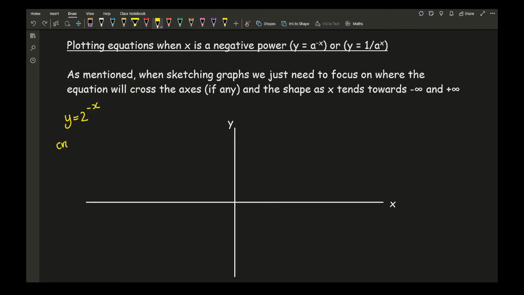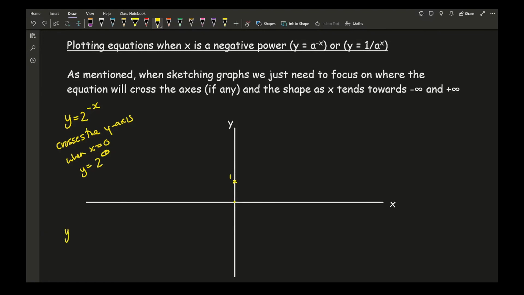It crosses the y-axis when x equals 0. So I've got y equals 2 to the power of -0, which is basically 2 to the power of 0. So here at 0, it's going to cross at 1. So that's going to be exactly the same.